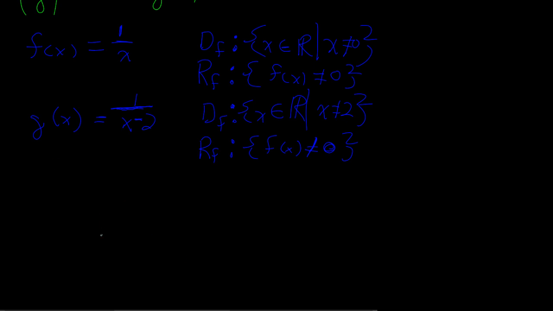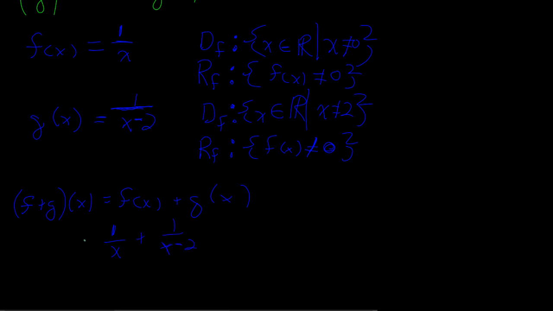All right, so what can we do with these two functions? Well, we can add them. So f plus g of x is equal to f of x plus g of x. So I have 1 over x plus 1 over x minus 2.